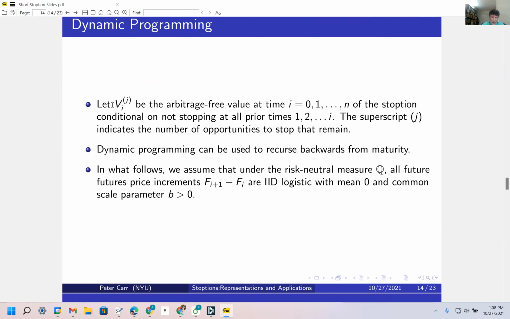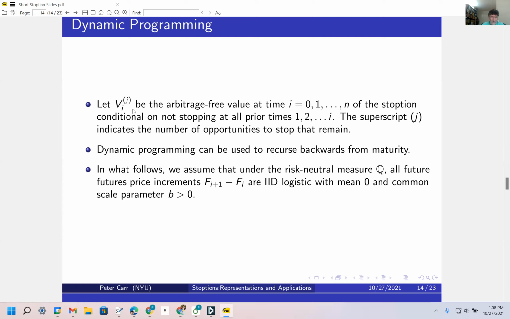It'll be important to have the notion of a value function to apply dynamic programming, and V here will be the value function. It's subscripted i for the time that you're thinking about in the future, and it's superscripted j in brackets for the number of remaining exercise opportunities.